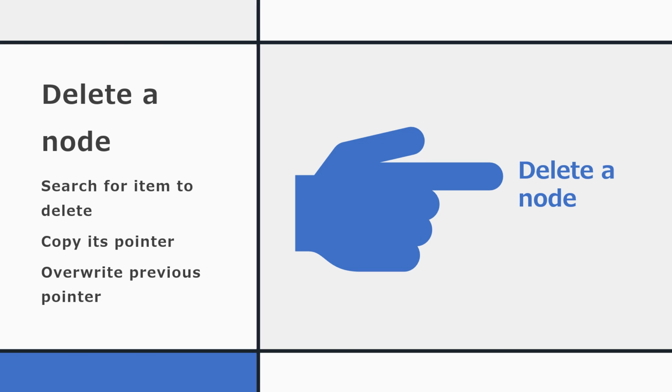Once again, use our search function, which we've just developed, to find the item in the list, copy its pointer and overwrite the previous pointer so that the computer will skip over the node that we want to delete. So I'm setting you a lot of challenges here and I'm not giving you much help, but this gives you plenty of opportunity to practice and explore your Python skills.